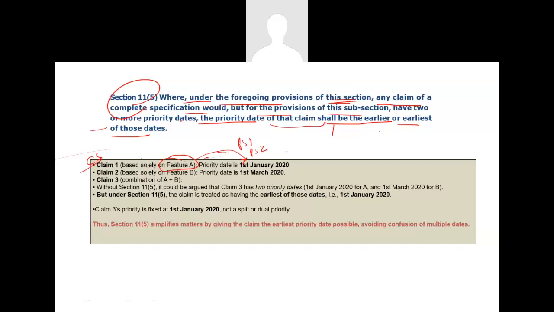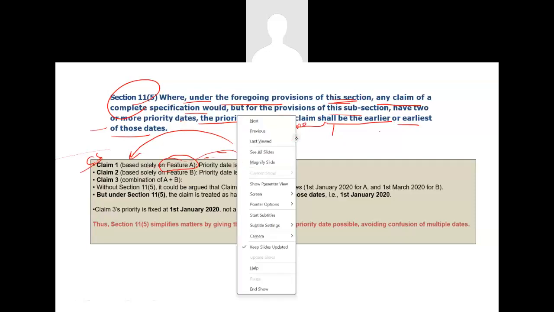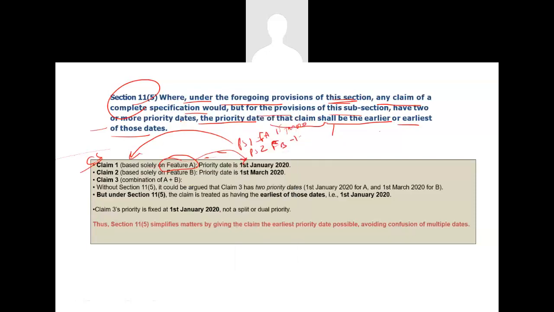So claim 1, let's say, is actually coming from the subject matter disclosed in provisional specification 1. Provisional specification 1 covered feature A, while provisional specification 2 covered feature B. This was filed on 1st Jan 2020, and provisional specification 2 was filed on 1st March 2020.